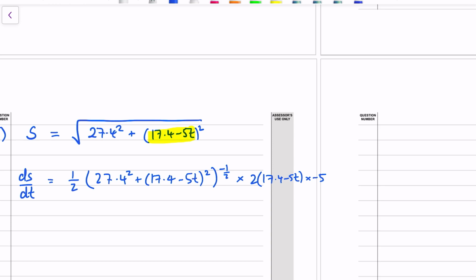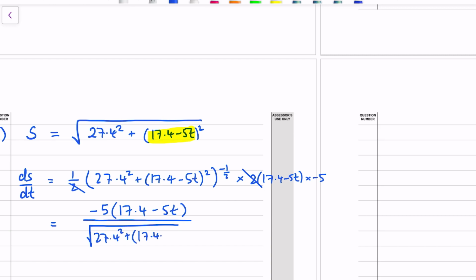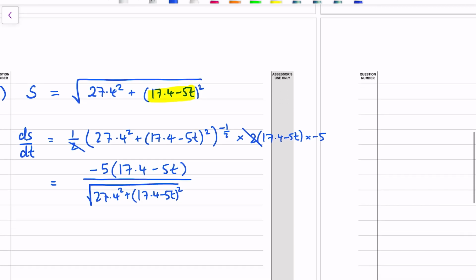Now we can tidy that up because the 2 cancels with the half. We've got a negative, so we can write minus 5 lots of 17.4 minus 5t on the top, and then the square root of 27.4 squared plus 17.4 minus 5t all squared on the bottom. So that's our derivative, and now we're subbing in t is equal to 0.